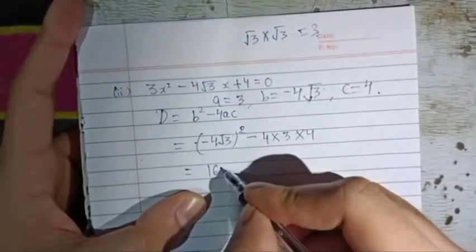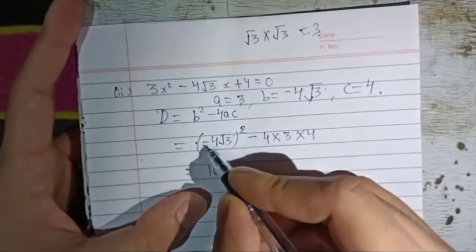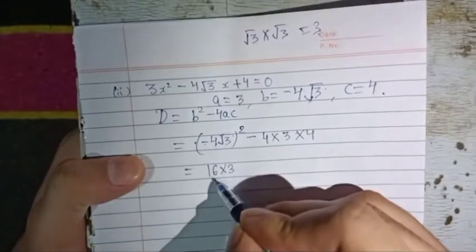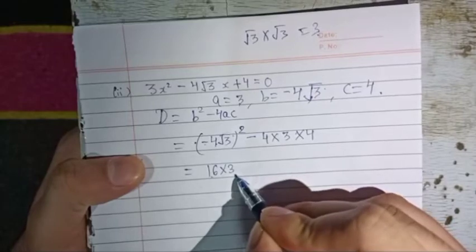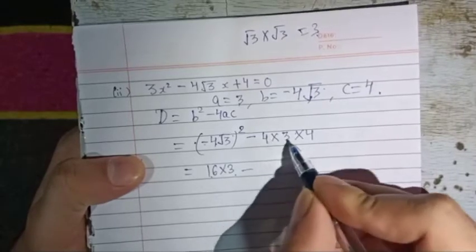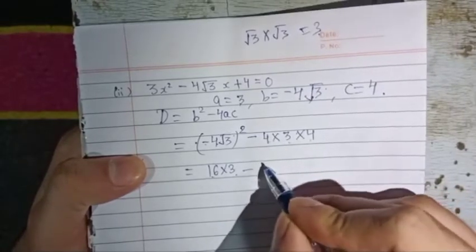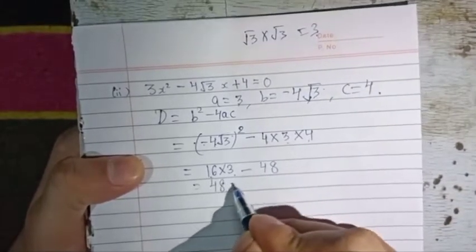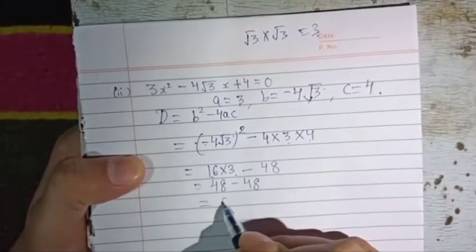So it will be 16 into 3, and the square of a negative sign is always positive, so we get 48. Then minus, 4 threes are 12, 12 fours are 48. So 48 minus 48 is equal to 0.